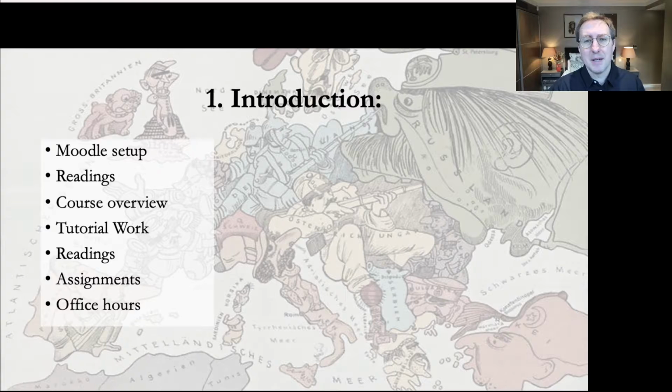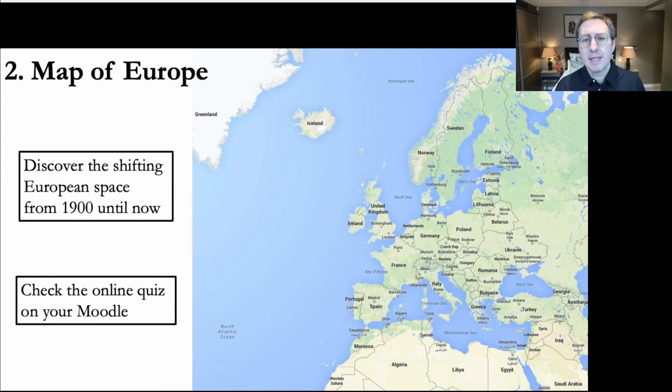Okay, so let's now acquaint ourselves with the map of Europe. What we see here on the map is something quite familiar to us, isn't it? This is the Google Maps iteration of how the European continent is today.